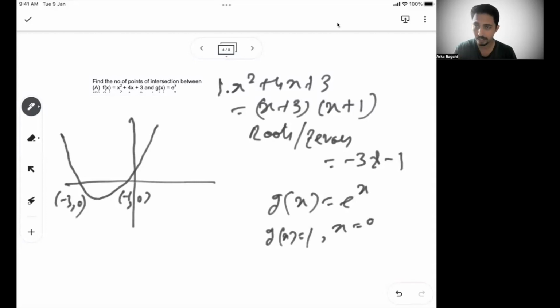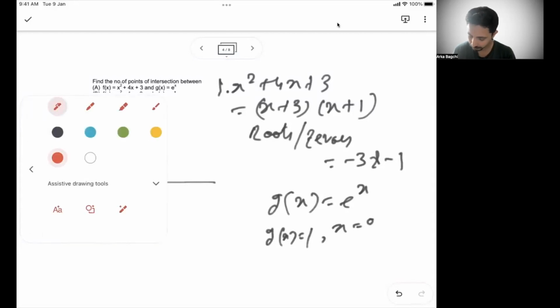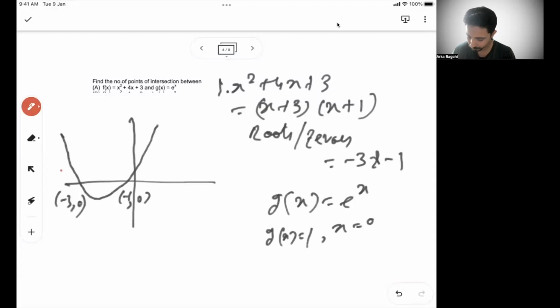And like we have seen, what is the graph of e to the power x? It is basically, just draw it. It will go like this.